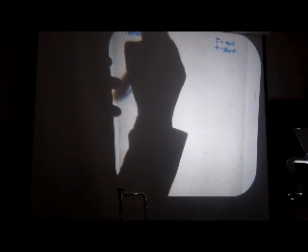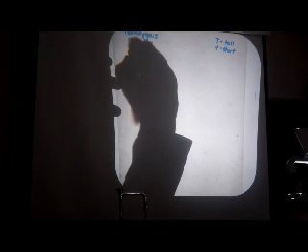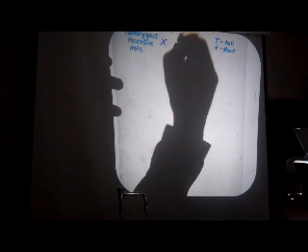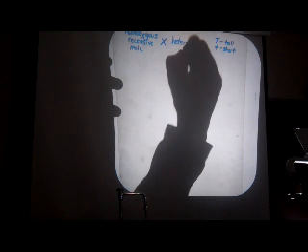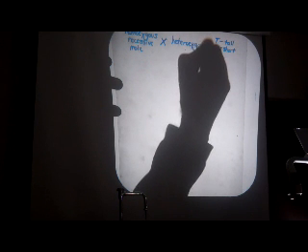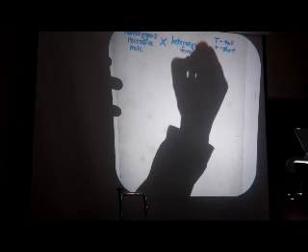I want you to cross a homozygous recessive male with a heterozygous female. I want you guys to, number 1, write out their genotypes. Number 2, do a Punnett square.